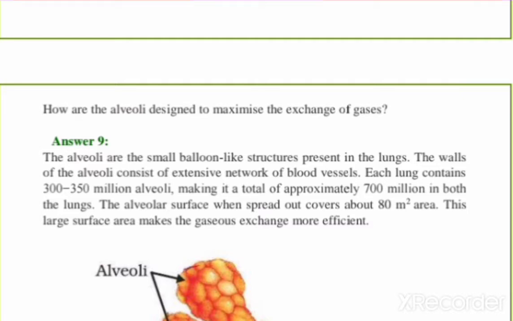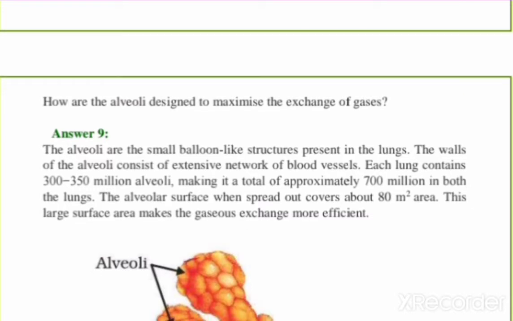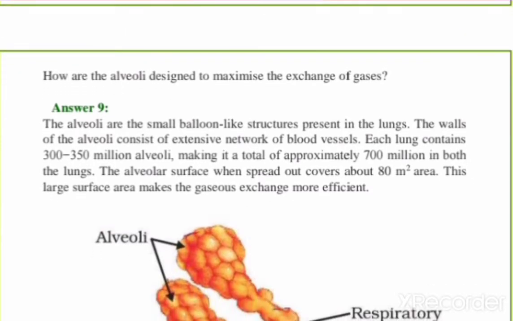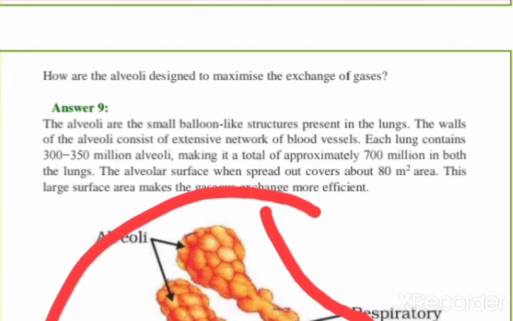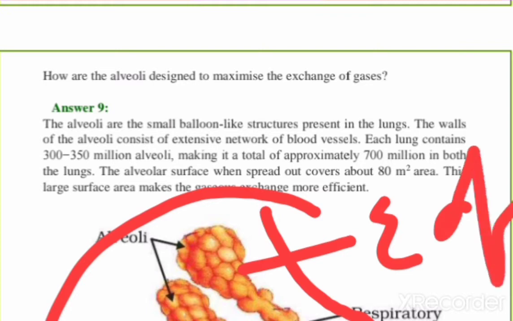So all the processes of respiration and gas exchange depend on the number of alveoli present in our lungs. This is very important, and this is the diagram of alveoli. This complete diagram is the alveoli, a balloon-like structure, and it helps in the exchange of gas. Exchange of gas takes place because of the presence of alveoli.